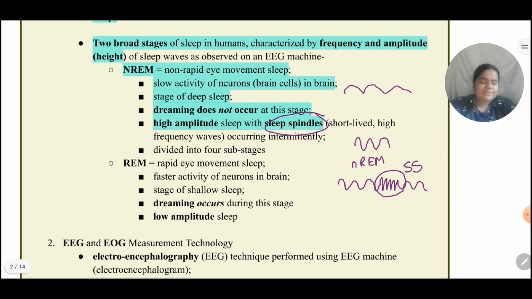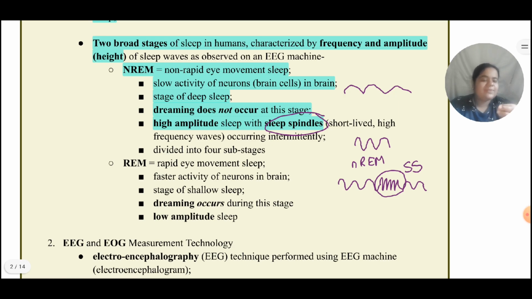Okay, so NREM stage of sleep, no doubt it's a deep stage and it's very rested sleep, but in between you get to see sudden bursts of activities of the neurons, and the purpose is the same because information is being synchronized. So sometimes information is needed from some neurons which are as such inactive, but that information is needed so that they become active for a while and then they get rested again. So in between we see spindles.